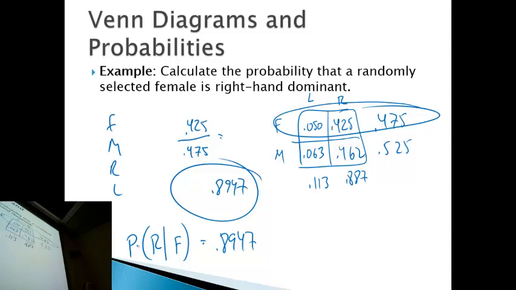that's our little tricky new notation here. Whoa, there's like a division symbol in there. There's something crazy going on. The known event goes behind the slash, being female in this case.